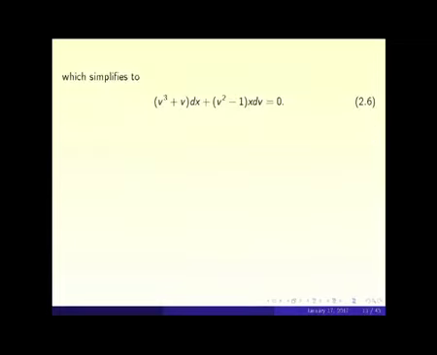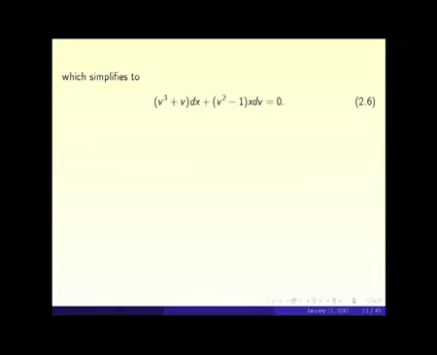Simplify, you get 2.6. Look, the differential equation is variable separable, (v cubed plus v) dx plus (v squared minus 1) x dv equal to 0. It's very easy to solve this differential equation.